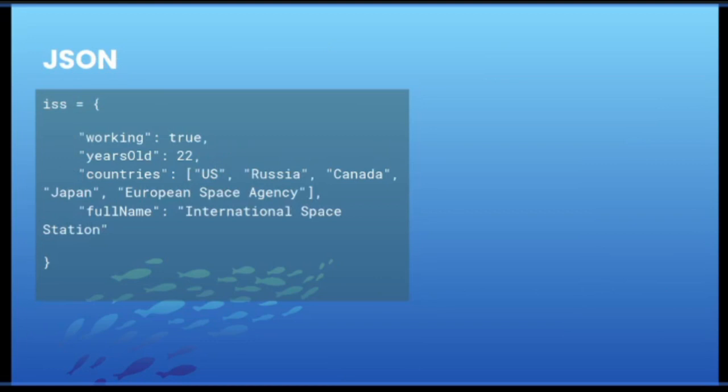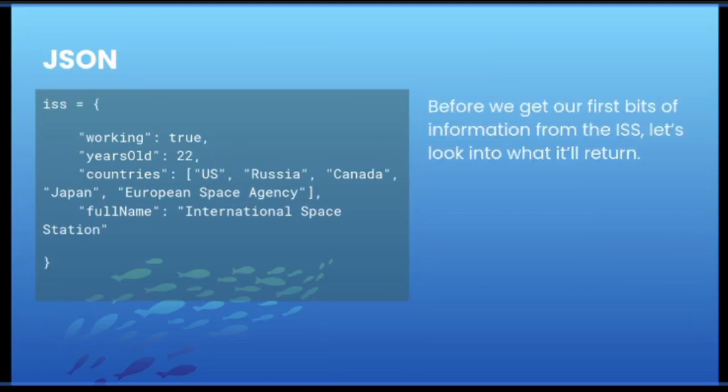Alright, so let's talk a little bit about JSON, which stands for JavaScript Object Notation. This is just a standard way of conveying information that a lot of web APIs tend to use because you can specify lots of variables in a very standard format. It's a key value store.